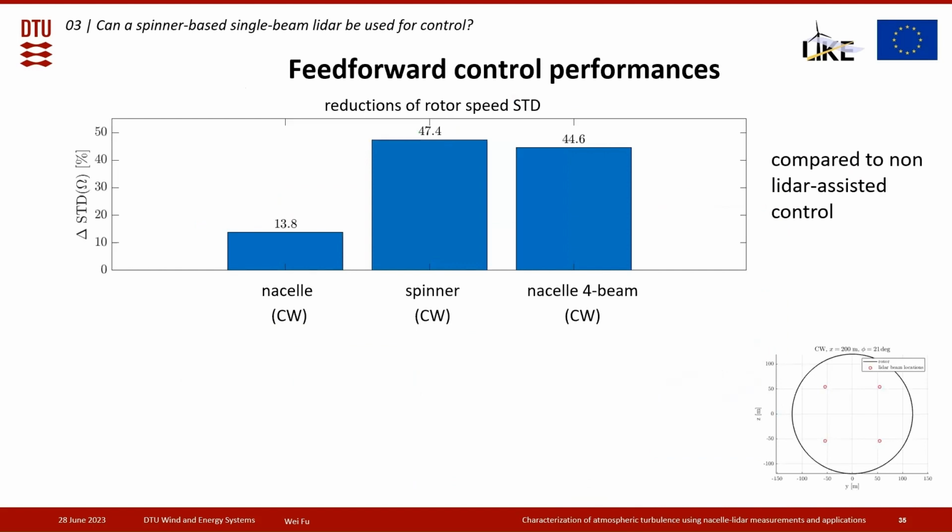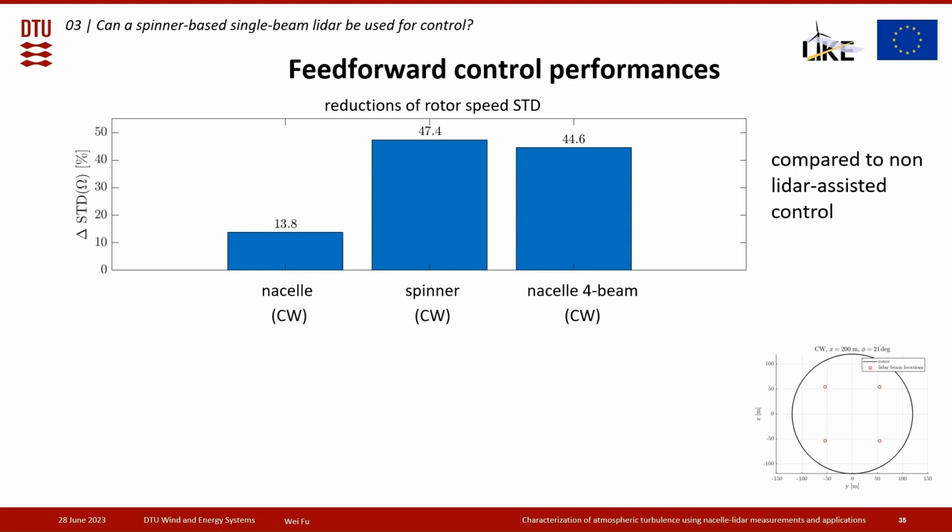So here I'm showing the feed-forward control performance. First, let's see the reduction of rotor speed standard deviation, indicating how well the feed-forward control regulates the rotor speed oscillation. The benefit is compared to only using the feedback controller.